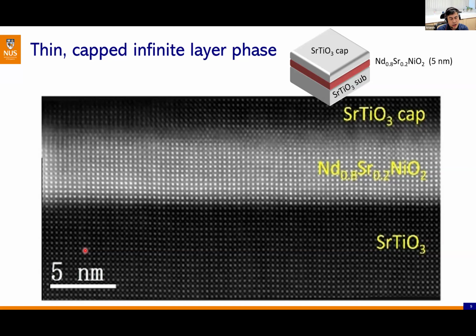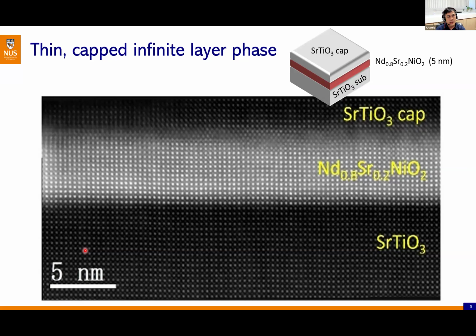Plus, after reductions, capping is important. So without capping, even if you have a very thin layer, there will be formations of defect phase or secondary phase after the reductions. So the thickness still has to be limited. That's the first one.